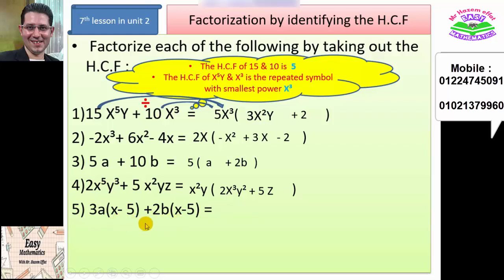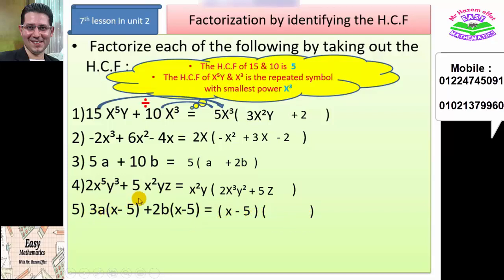If you look here, you note something. We have the brackets x minus 5, and the x minus 5 here again as repeated brackets. So in this case, we must take x minus 5 as the HCF, take it and open brackets.